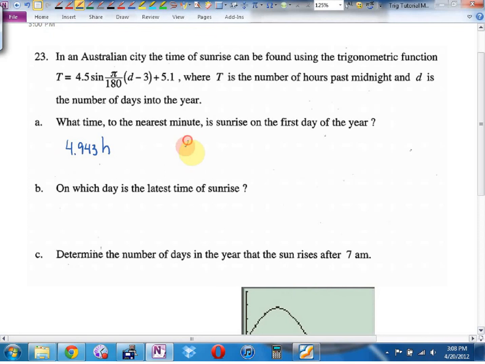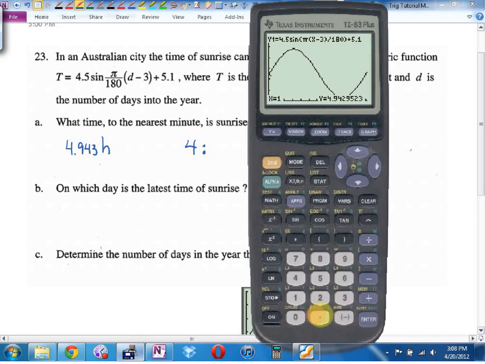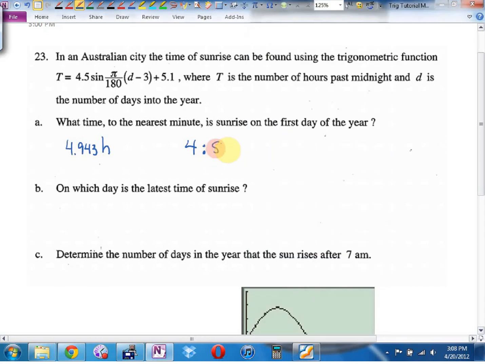Now they want it to the nearest minute, so it's going to be 4 a.m. and how many minutes? I'm going to take that 0.943 and multiply it by 60 to go from hours to minutes. 4:57 a.m. Okay.